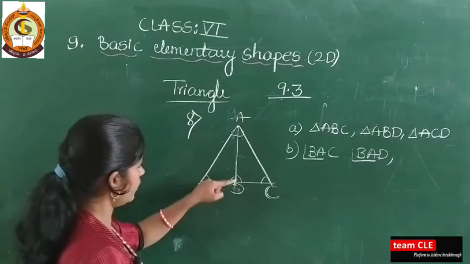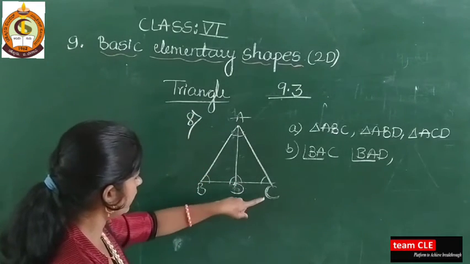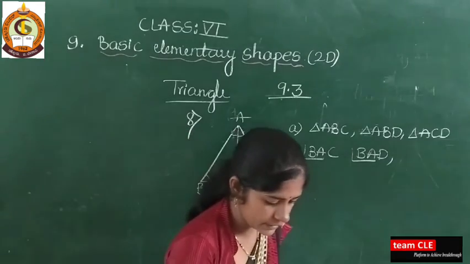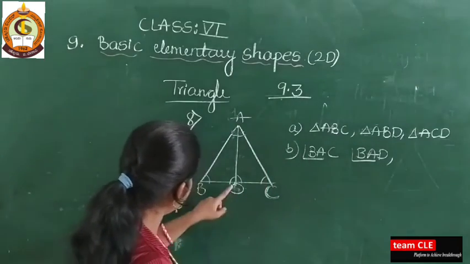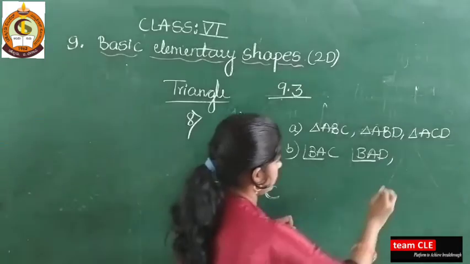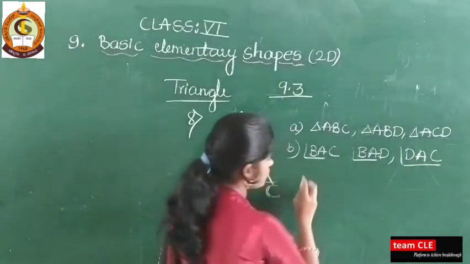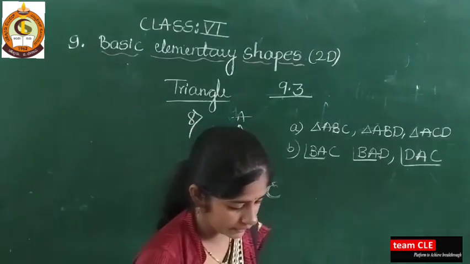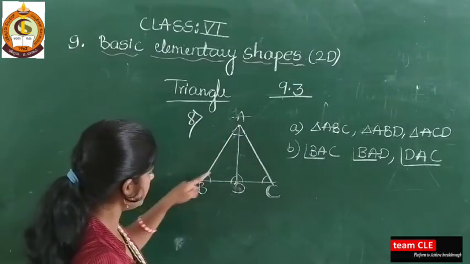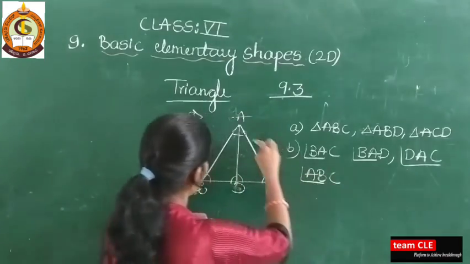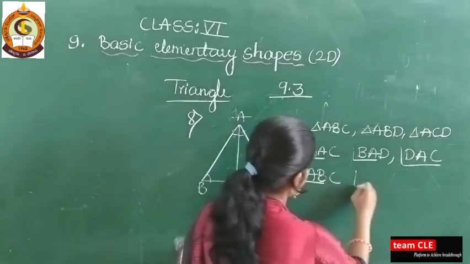BAD over, BAC over. Next, one more angle has formed here and that is DAC. That is DAC. Next, still I have to write 4 angles. Next, angle ABC. One more angle, ADC.